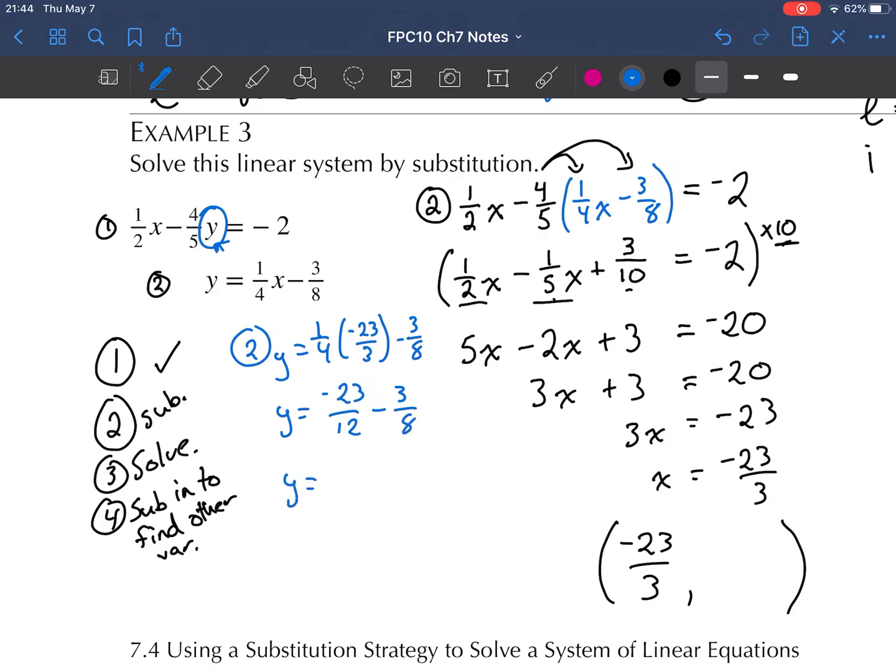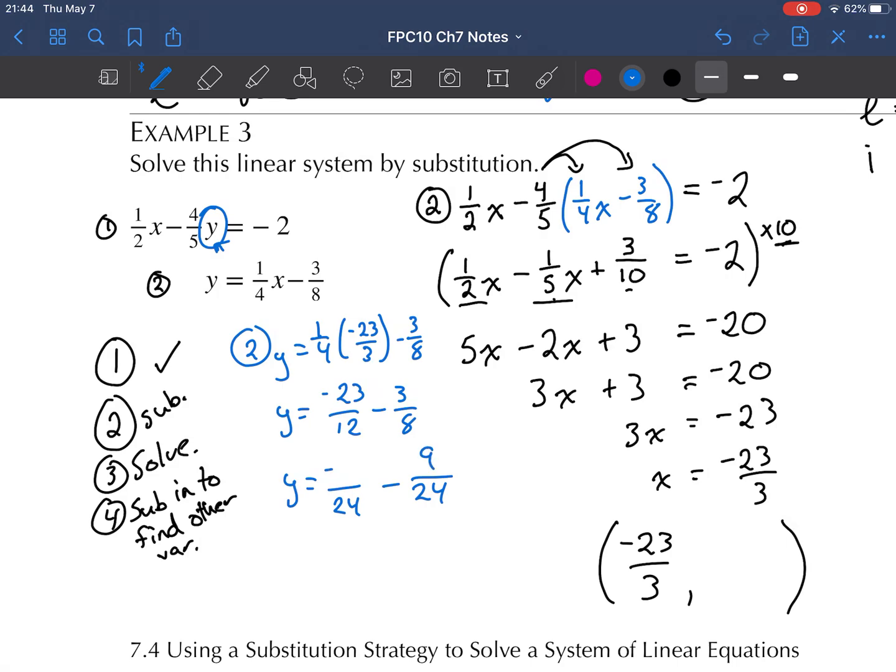Okay, now if you have an ABC button on your calculator, you'll want to use that for this. Or if you're going to try to do it in your head like I'm going to, my least common multiple of 12 and 8 is 24. So you got to get to be out of 24. So this is 9/24.